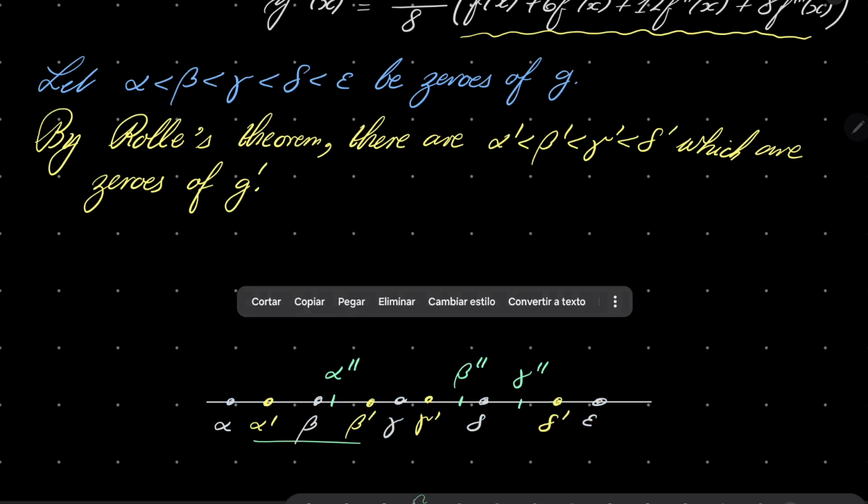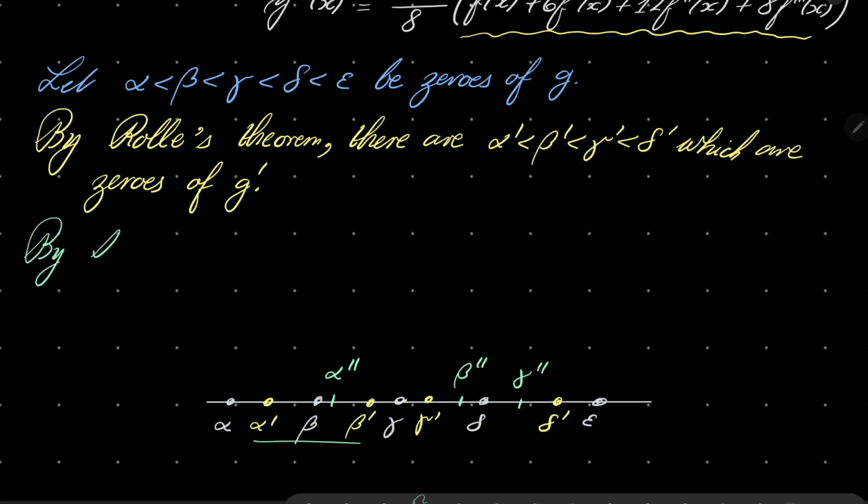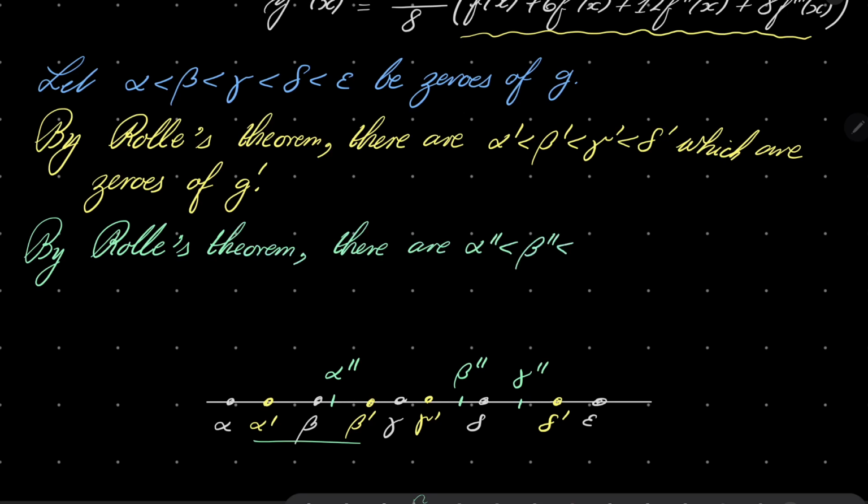So again, by Rolle's theorem, there are alpha double prime, beta double prime, gamma double prime, which are zeros of g double prime.